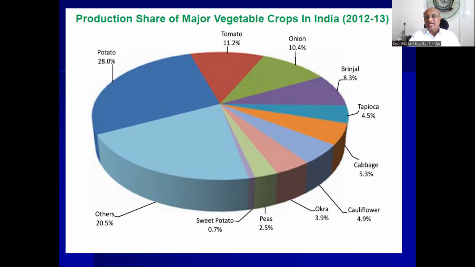Then tapioca, which is in Kerala and a few other states only. Then cabbage and cauliflower come, and okra, peas, sweet potato. All other remaining crops have less than 1%.